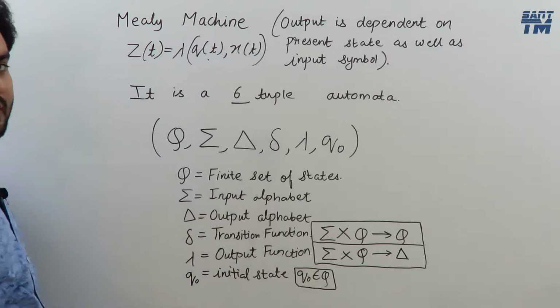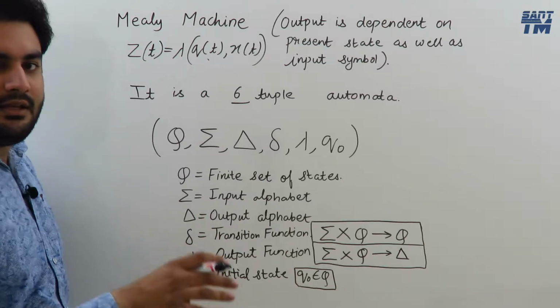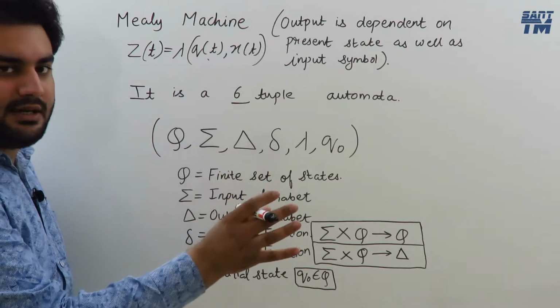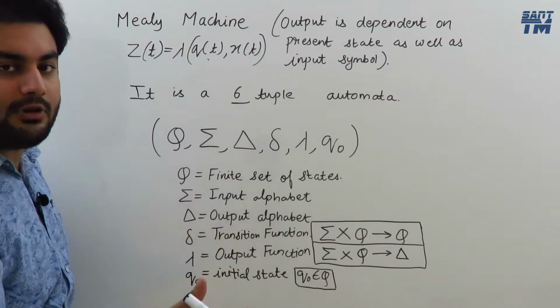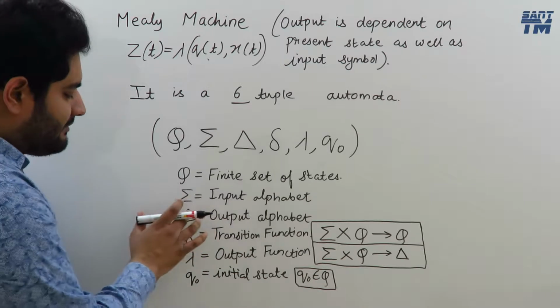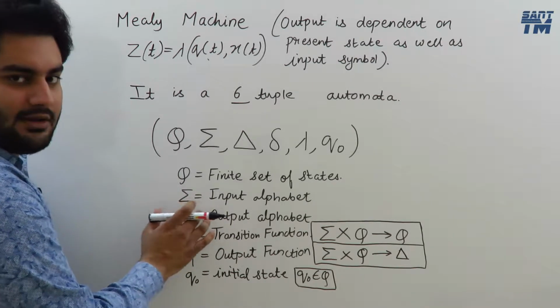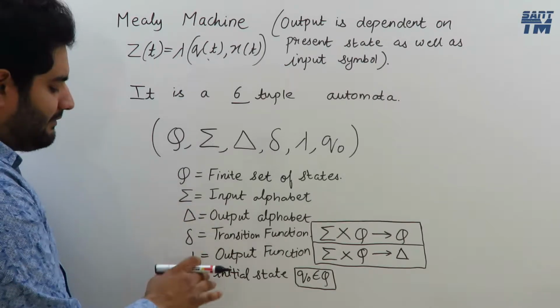Triangle is the output alphabet. Whenever a machine is in one state and applies the input symbol, it moves to another state, and simultaneously it produces an output also. That output will be in the form of symbols, and those symbols will be elements of this output alphabet.